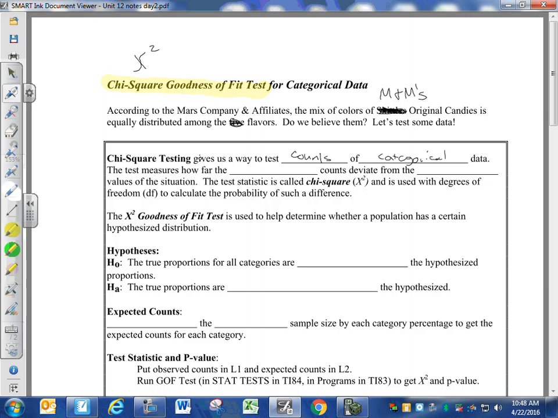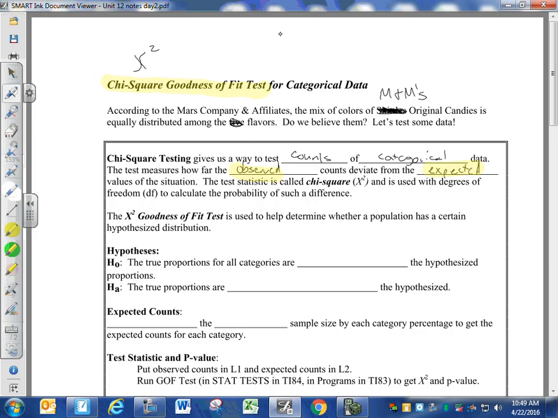The test is going to measure how far the observed counts deviate from the expected values. Okay, observed and expected. Now, expected is the most important part. We have to be able to calculate the expected total.